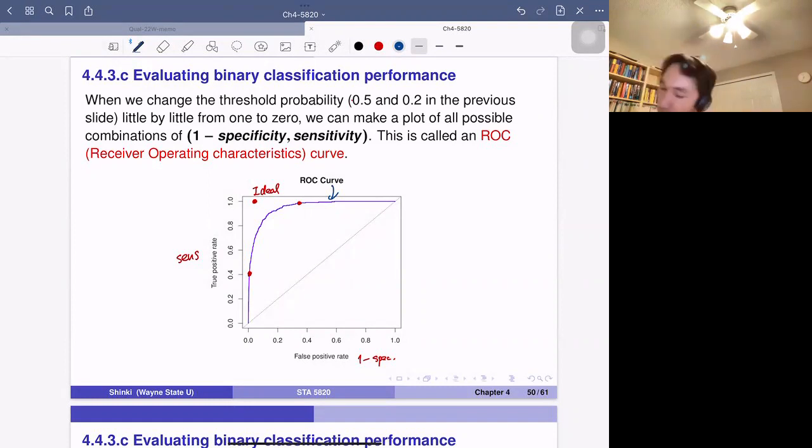So if we make a rule randomly, then basically the sensitivity is the positive rate and the specificity is the negative rate. So sensitivity and 1 minus specificity become the same, if it is an entirely random rule. So we expect that the ROC curve is always above the random rule.